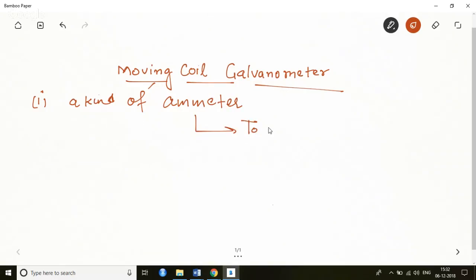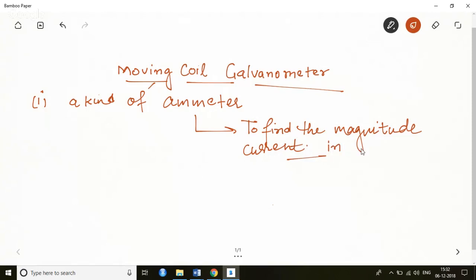To find the magnitude of current in any current carrying conductor.